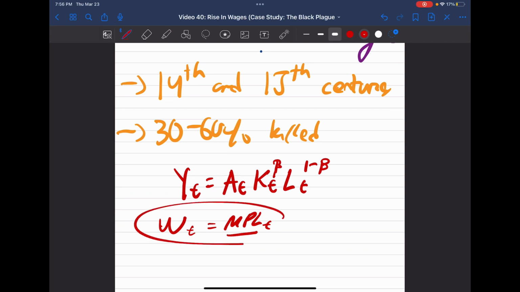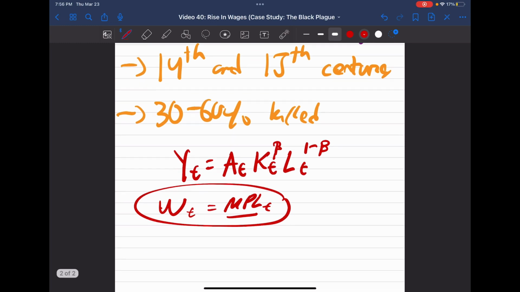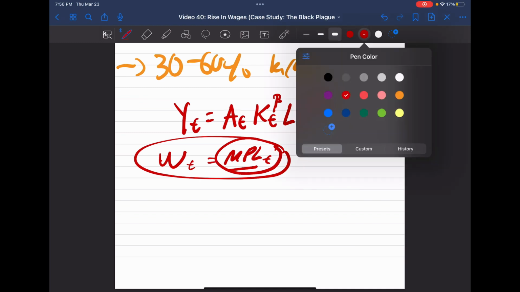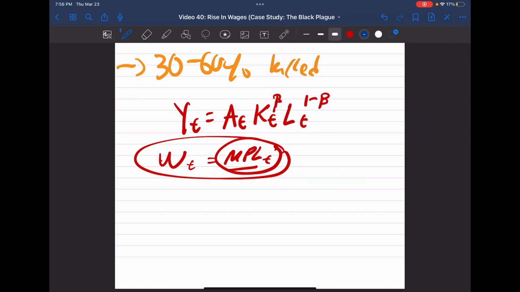If you don't know what the profit maximization condition is, watch the video which describes profit maximization conditions. So essentially, profit maximization for labor means that wages must equal the marginal product of labor. So now we have to see, how do we derive the marginal product of labor? And we derive this from our Cobb-Douglas production function.